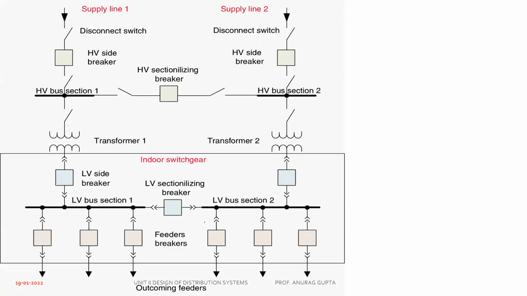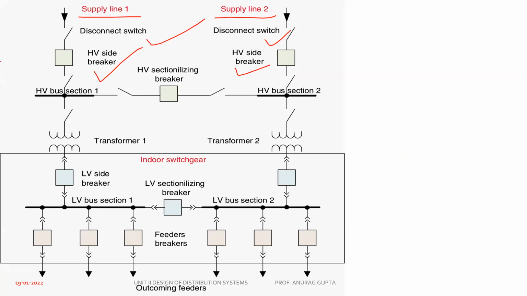I have also given a single line diagram of a system, to show how it works. You can see supply line 1, supply line 2, disconnecting switch, enclosed closing switch, switch number 1, switch number 2. It's your HV side breaker, because I'm talking about primary distribution systems. We are stepping down from 66 or 33 kV to 11 kV, 6.6 kV or 3.3 kV.